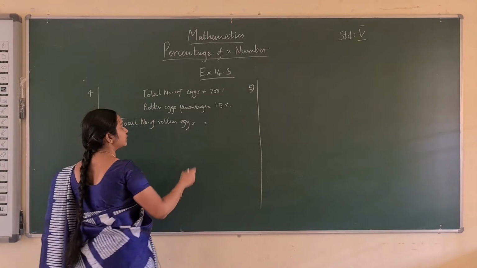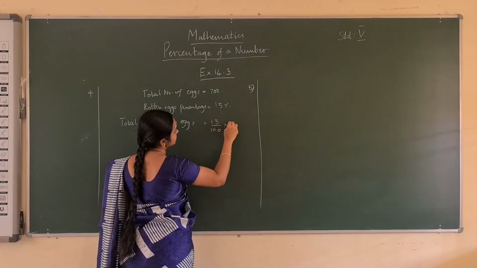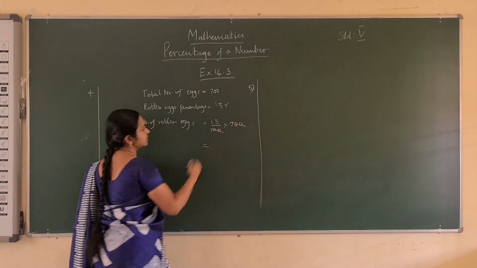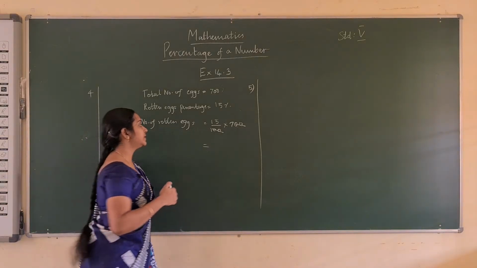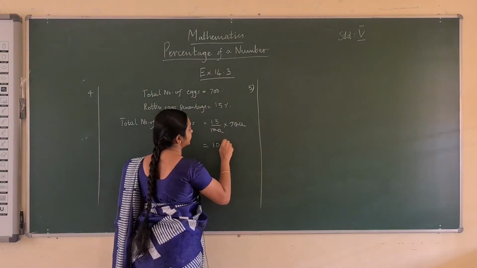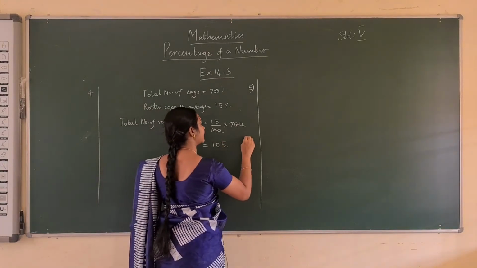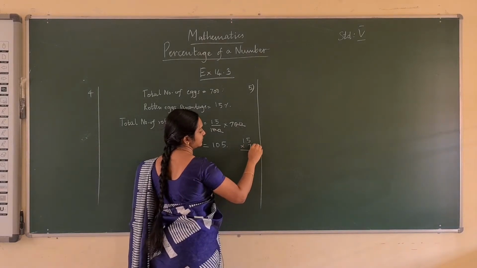15% means out of 100 it is 15. We have to find it for 700. Cancel the 2 zeros. Now we have to multiply 15 and 7. 15 into 7 is 105. 7 5s are 35.